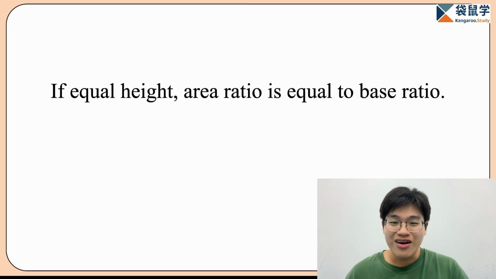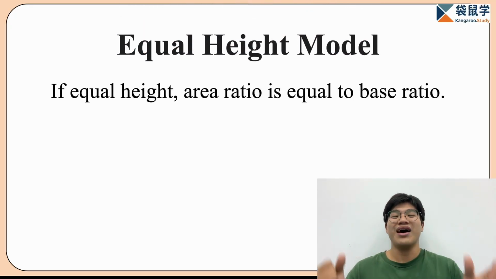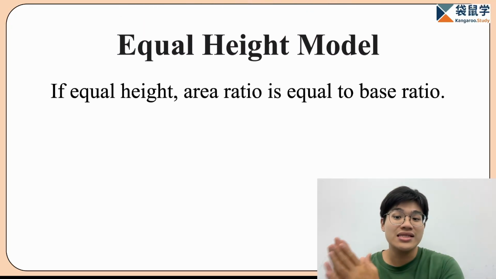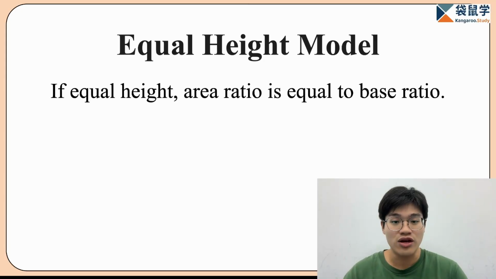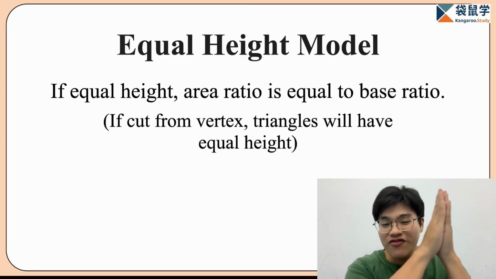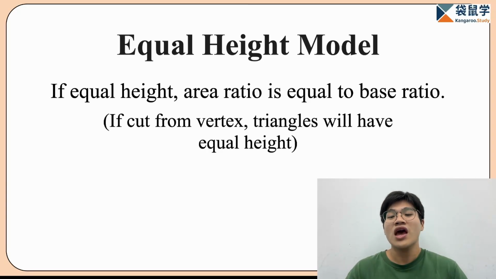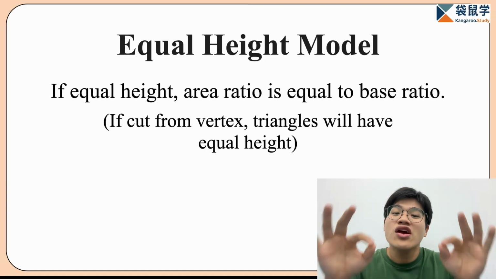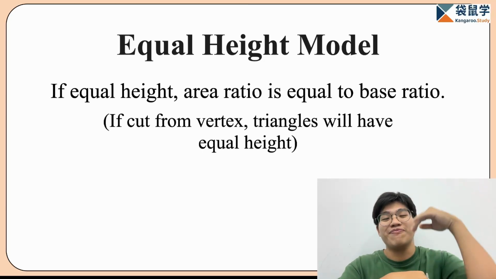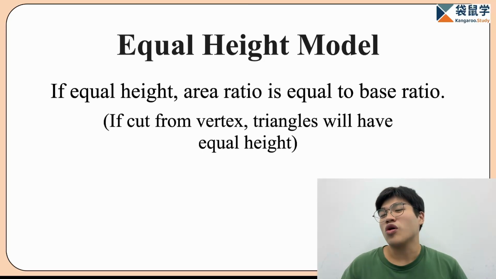And that's what we call the equal height model. What makes equal height in two or multiple triangles? Cut from the vertex, and the triangles will have equal height because we draw the height from the vertex to the base.